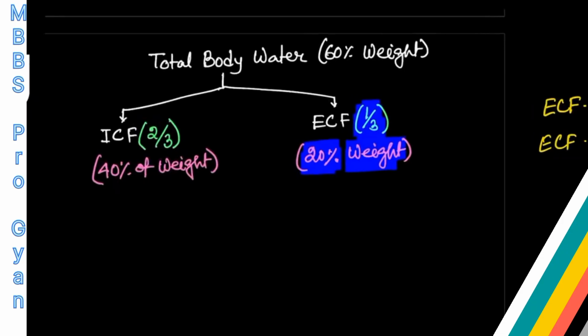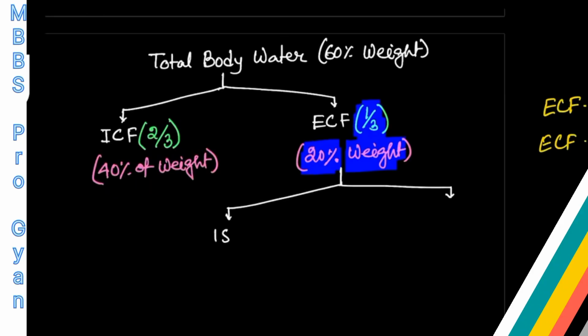So please remember, whenever I am writing a percentage, it is the percentage of body weight, okay? And whenever I am writing 2/3 and 1/3, this is 2/3 of the total body water, 1/3 of the total body water, okay?